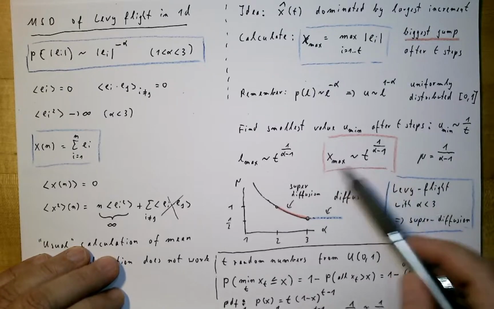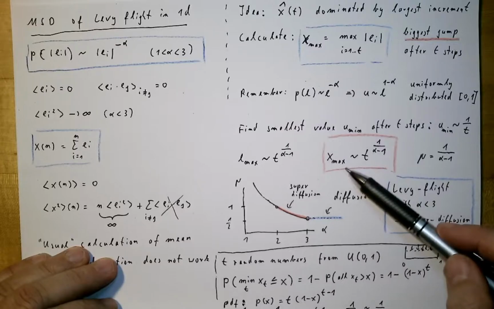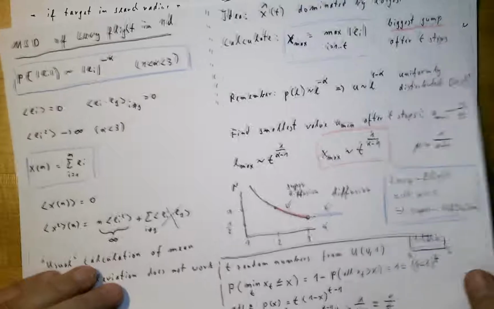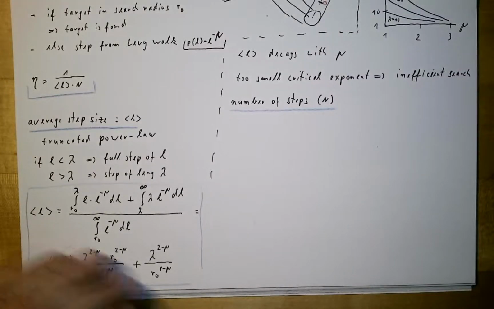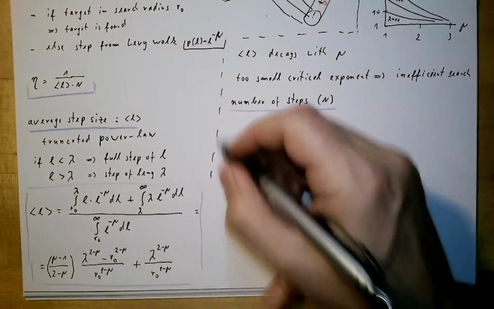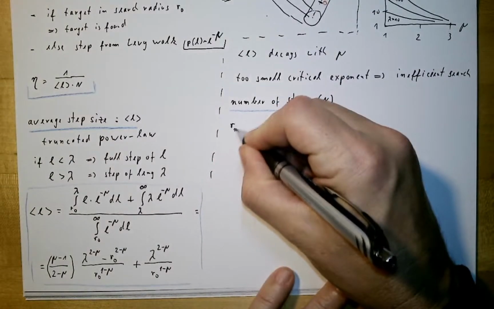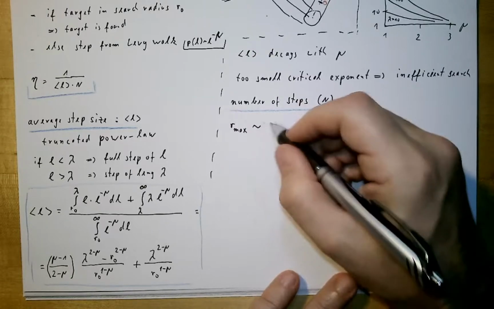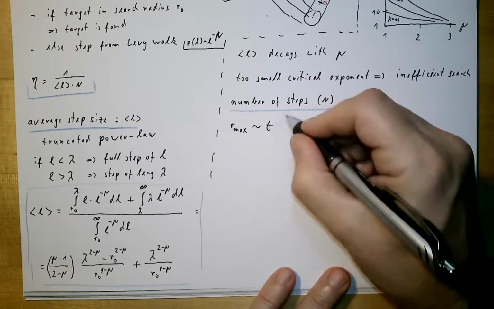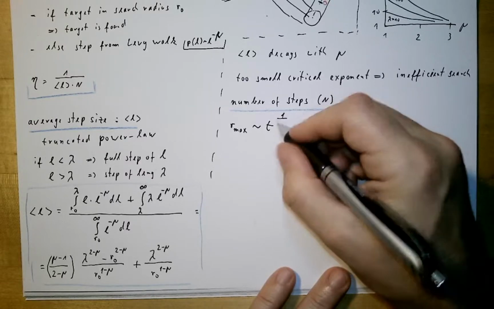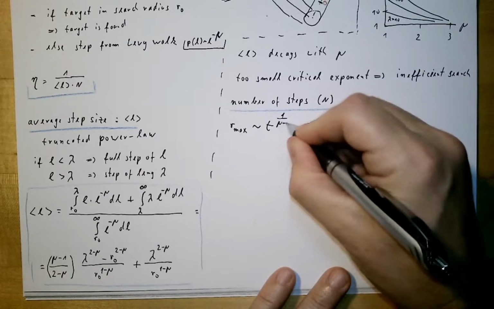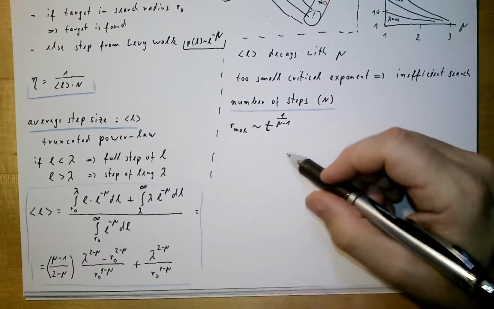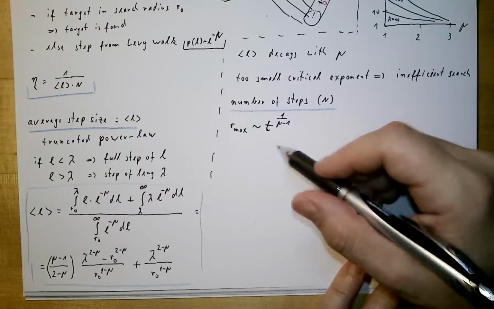Okay. But the same formula holds also for the typical distance that the walker in a Levy flight obtains in 2D. So we find that the maximal distance by the walker goes proportional to the time to the power 1 over mu minus 1. And that was here the time.